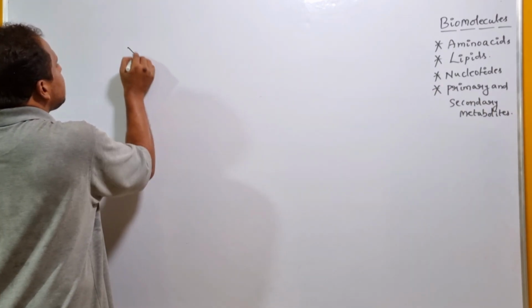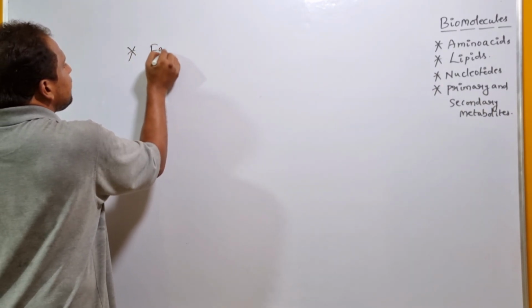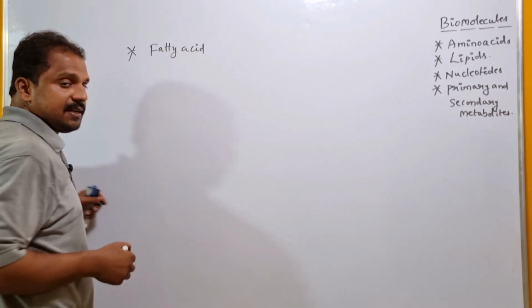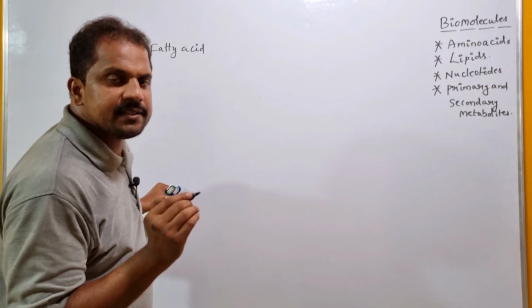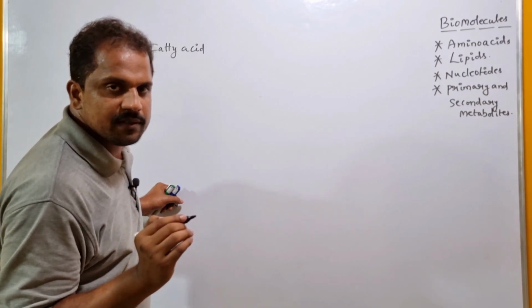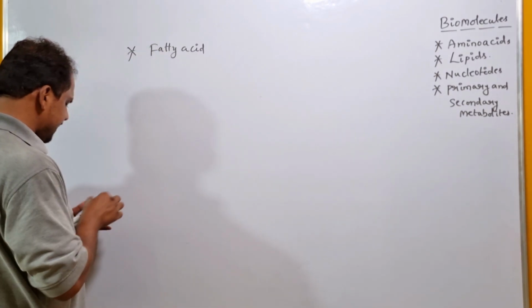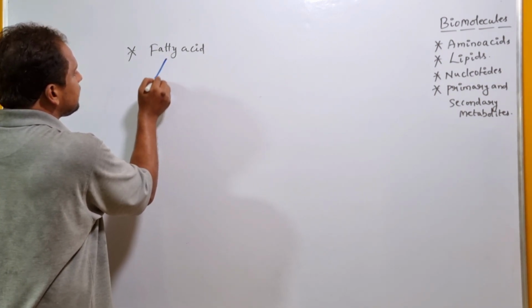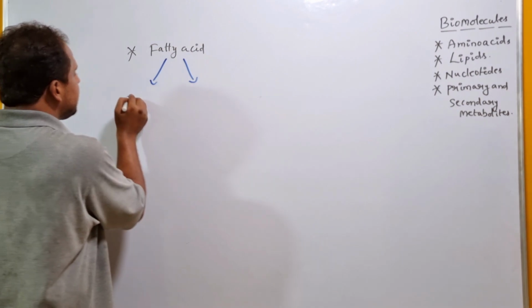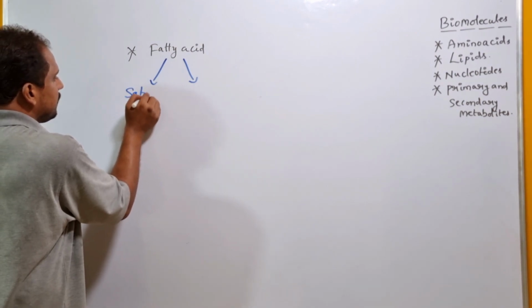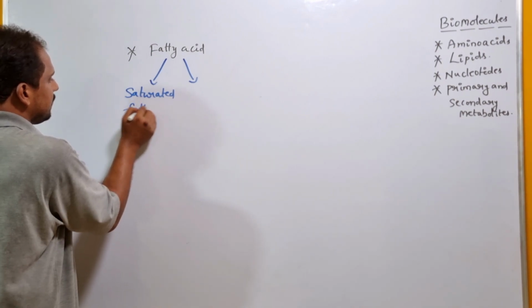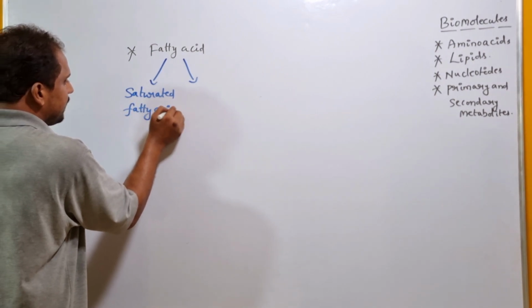So here, as I've already mentioned, we can classify the fatty acids into two different types simply basing on melting temperature and presence or absence of double bonds. So basically the fatty acids are of two different types, and these include saturated fatty acid and the other one is unsaturated fatty acid.